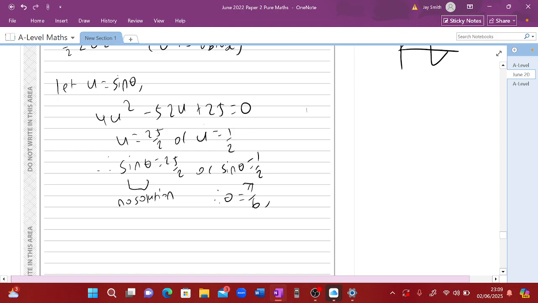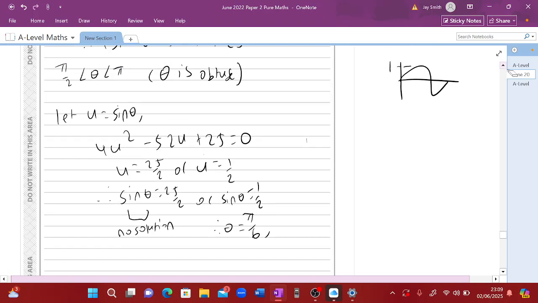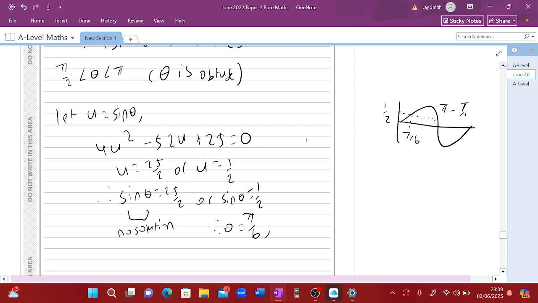So yes, pi over 6, which is about 30, but 30 is not obtuse, so we need to find another solution. But how are we going to get the other solution? Well, let's consider a sine graph. If we have 30, about pi over 6, which is when it's a half, the next solution is going to be when you take pi away from pi over 6.